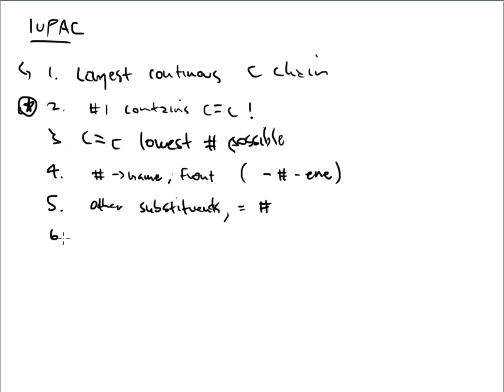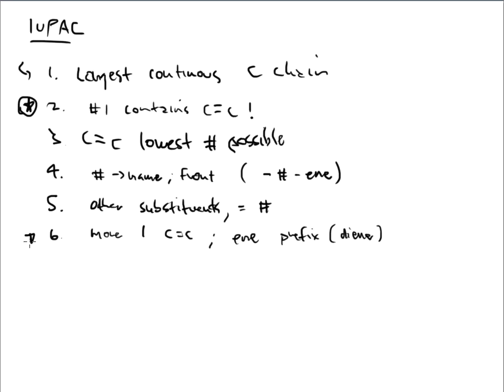Okay, number six. If the chain has more than one carbon-to-carbon double bond, you still name this as an ene, but it needs a proper prefix. So, for example, diene. Di means two. Triene means three. You get the picture.